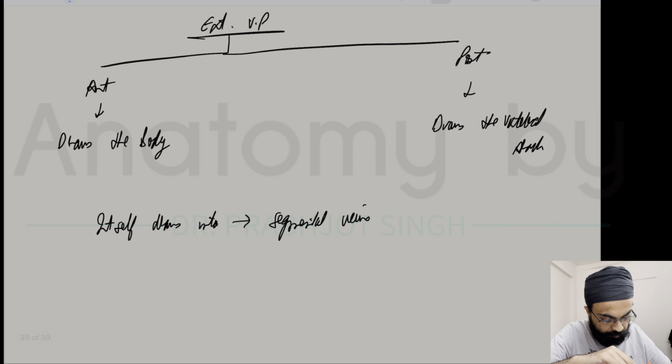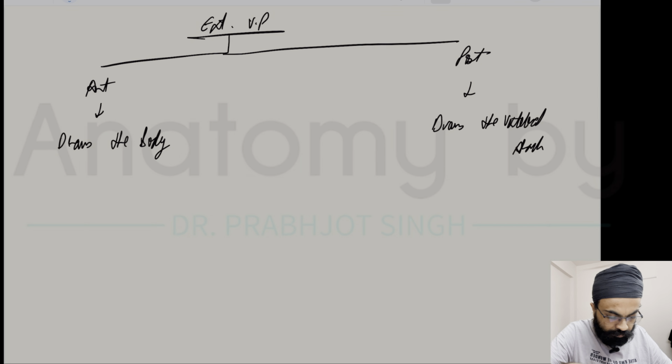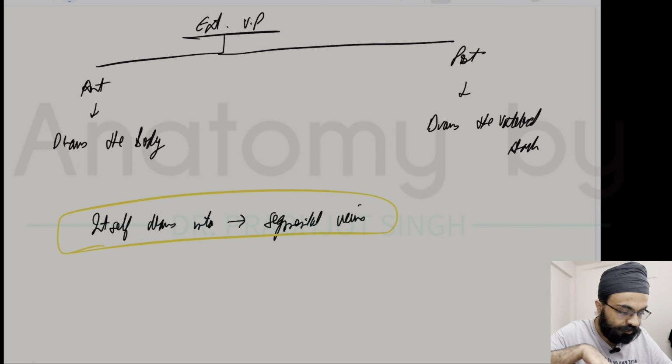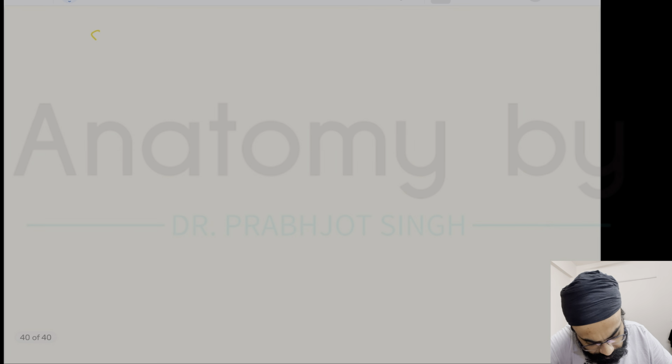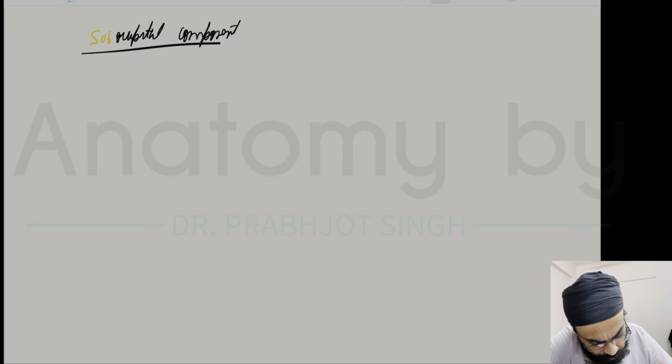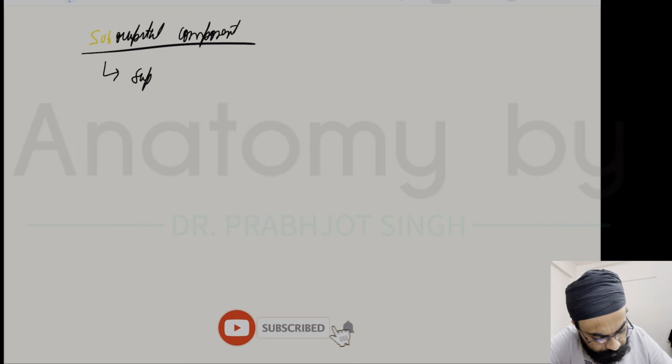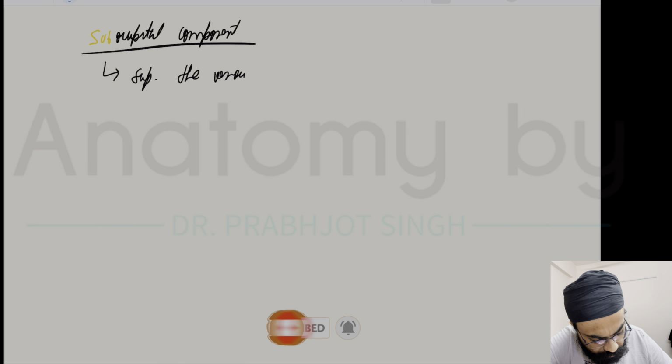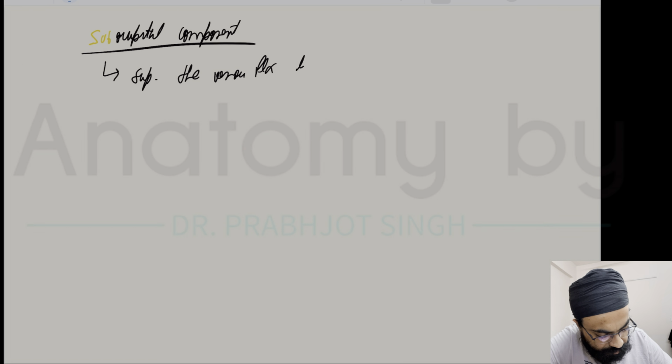Now let us learn about the suboccipital component. Superiorly, the venous plexus receives the veins of scalp.